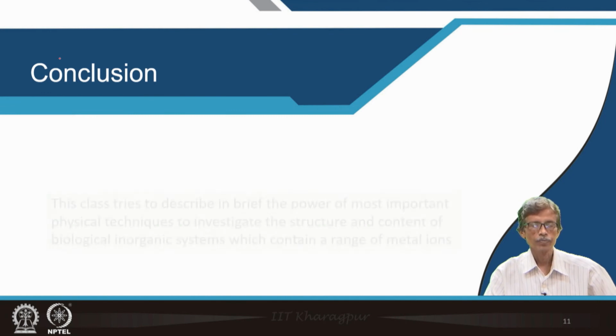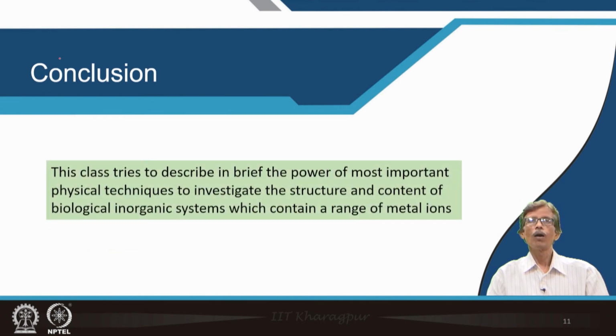Then you can conclude by saying that what we are trying to understand from this class is the power or efficacy of these different physical techniques, and we have a big list, and one by one we will discuss them quickly, to investigate the structure and content of biological inorganic systems or the biological metal ion environment, where you can have a range of metal ions present.